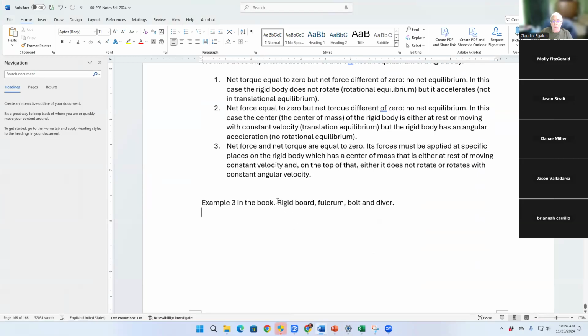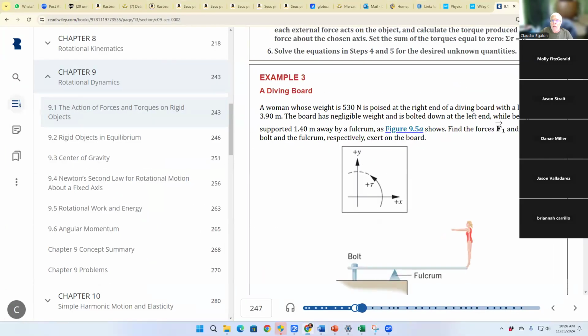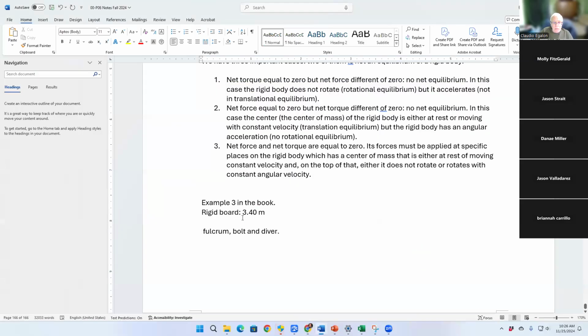Rigid board. Here you go. Rigid board. What, 3.4 meters? Let's make sure that's right, huh? No, 3.9 meters. 3.9 meters long. And negligible mass. Right?